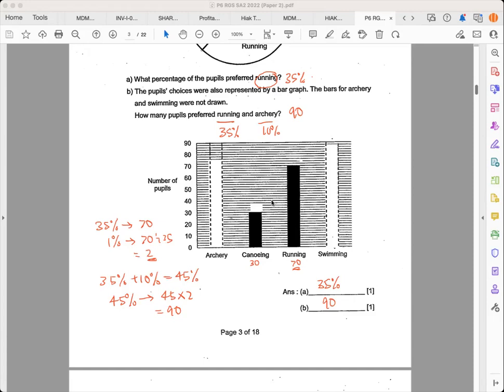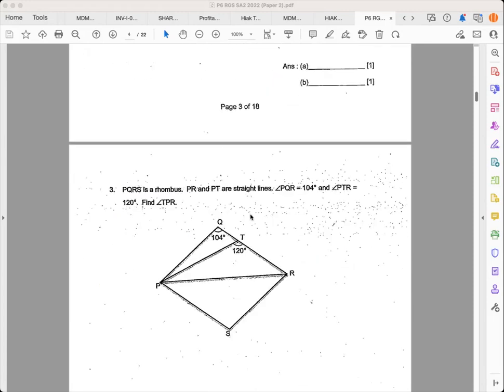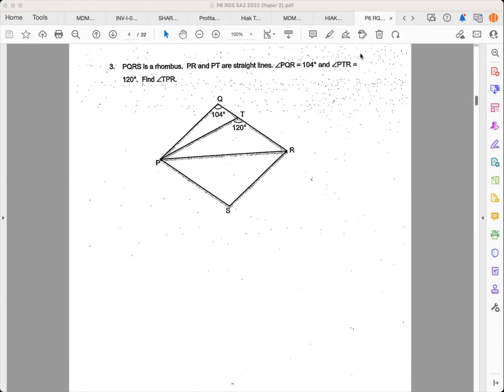Let's continue with question number 3. PQRS is a rhombus. Rhombus would mean all these sides are equal and they are parallel. PR and PT are straight lines.